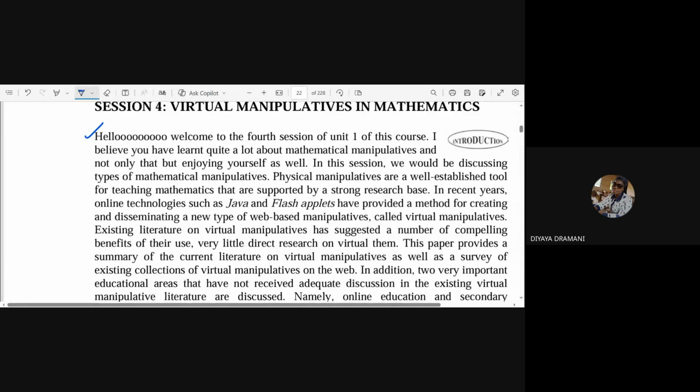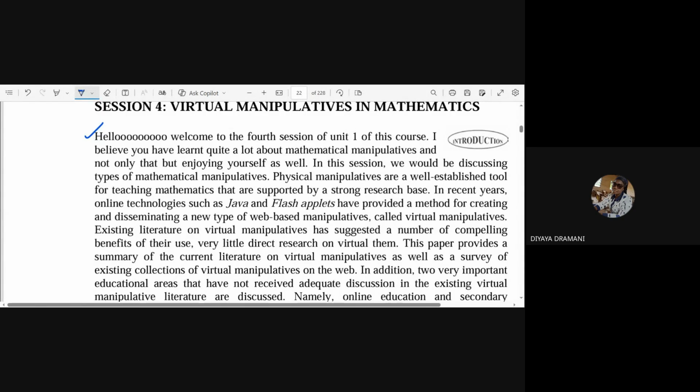Hello, welcome to the fourth section of Unit 1 of this course. I believe you have learned quite a lot about mathematical manipulatives, and not only that, but enjoyed yourself as well. In this section, we will be discussing types of mathematical manipulatives. Physical manipulatives are a well-established tool for teaching mathematics that are supported by a strong research base.